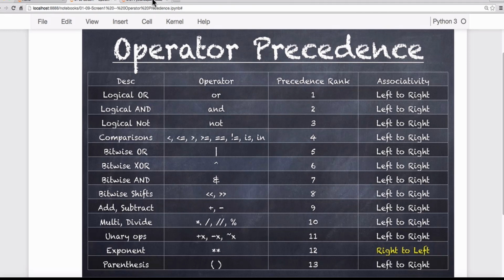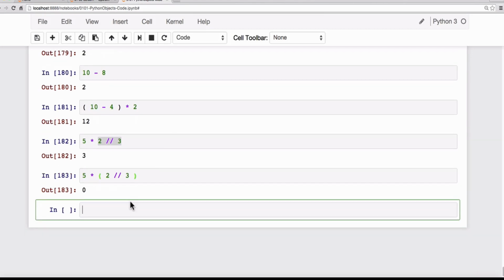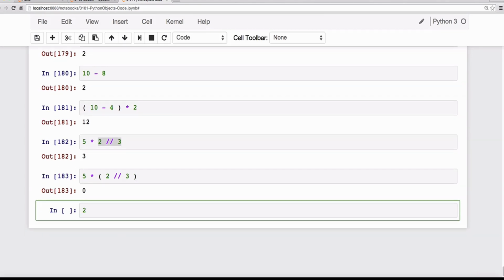Let us see one example with this. Let us say the expression 2 power of 3 power of 2. If we go from left to right, 2 to the power of 3 is 8, and 8 to the power of 2 is 64.